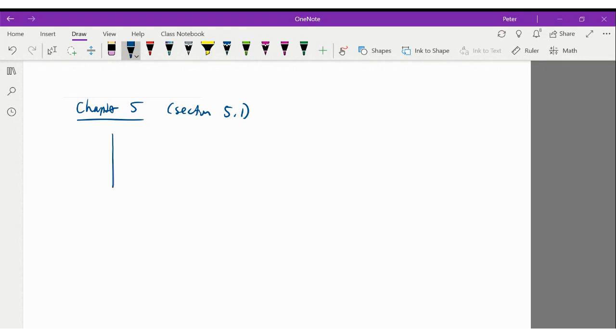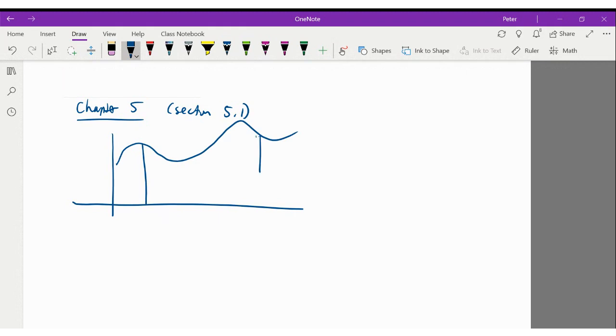So imagine that I have a function that looks like this, and it's defined on some interval AB. And what I want to know is what's that area. Now, if this were just a rectangle, I could just say this is the x dimension, which in this case is just equal to b minus a.